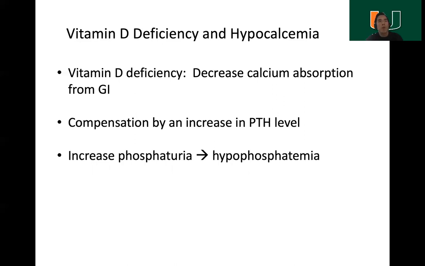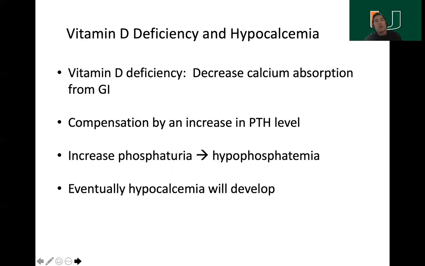So it's a combination of both low calcitriol and high PTH that results in hypophosphatemia. So what happens after that? Eventually, you cannot compensate for this decline in calcium absorption, so you would eventually have hypocalcemia. Only then do you get rachitic changes. So it has to be prolonged, it has to be severe.